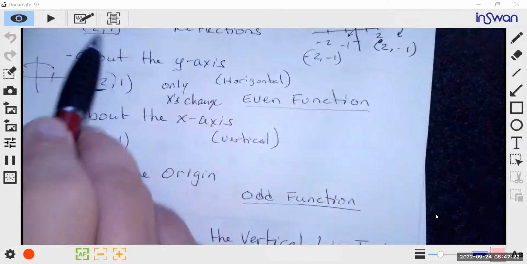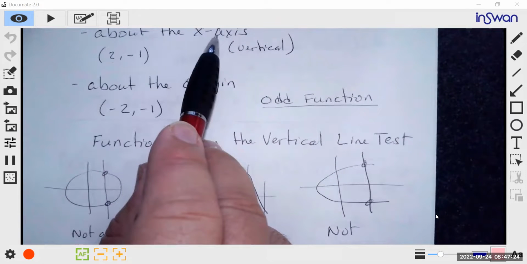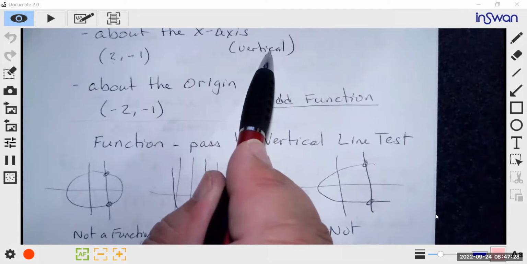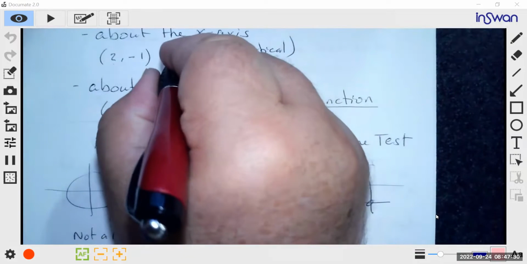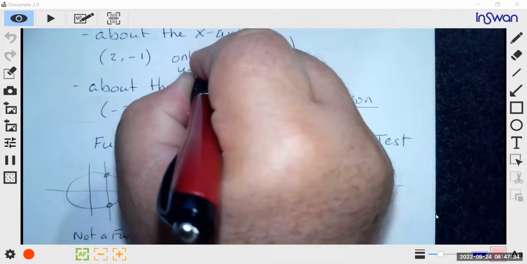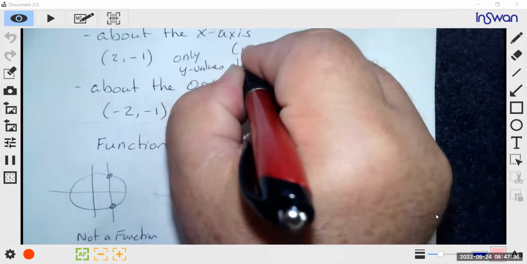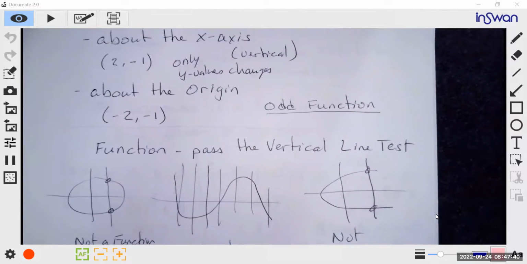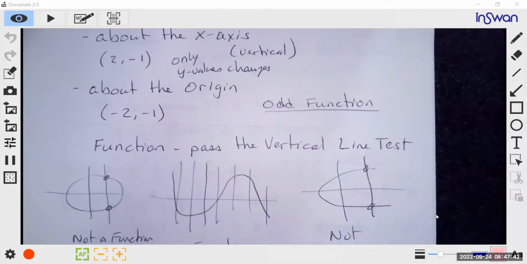If I start off with a point 2, 1, and I flip it across the x-axis, it's a vertical reflection, then only y values change. It's not even the y values, it's the sign of y and the sign of x.